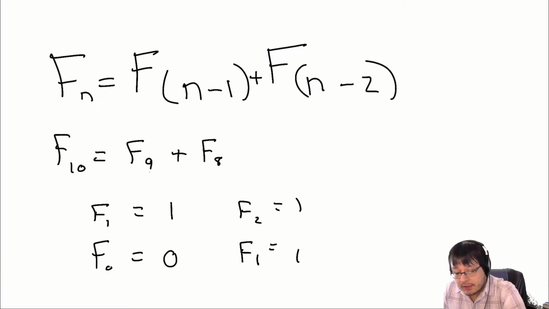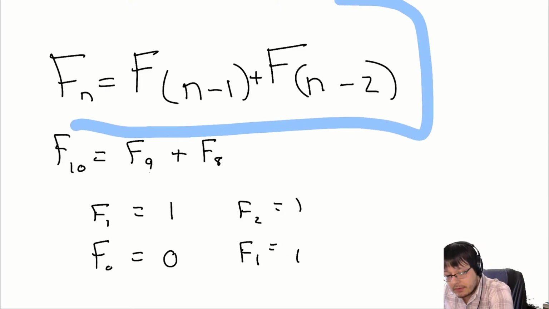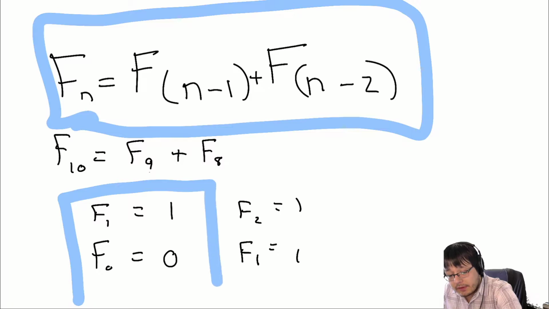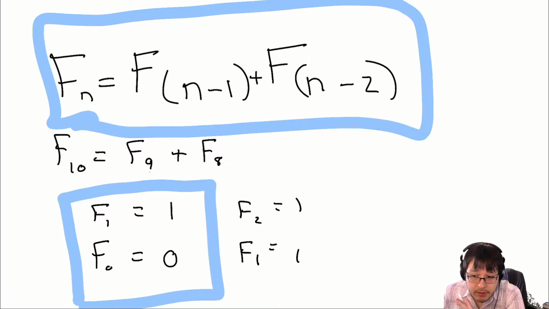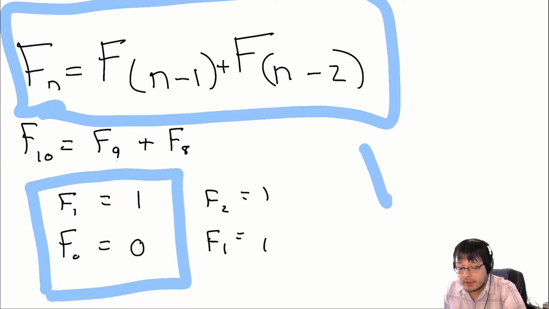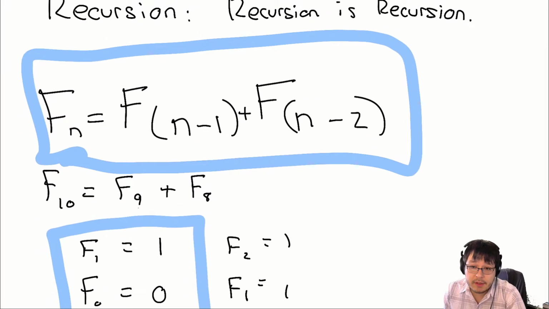And so this right here, along with these, either this one or the other one, is all we need to define the Fibonacci sequence. It's not enough to just say this one, because we don't have a starting point per se.